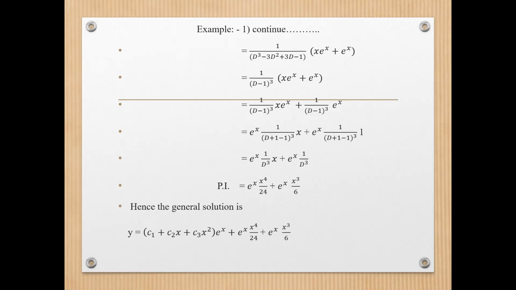Here is the function x into e raised to x. In type 1 there is a function of the type e raised to x. In type 2 there is a function of type sin x or cos x. In type 3 there is a polynomial function, but here the function x into e raised to x does not belong to type number 1, 2 or 3. It belongs to type number 4.